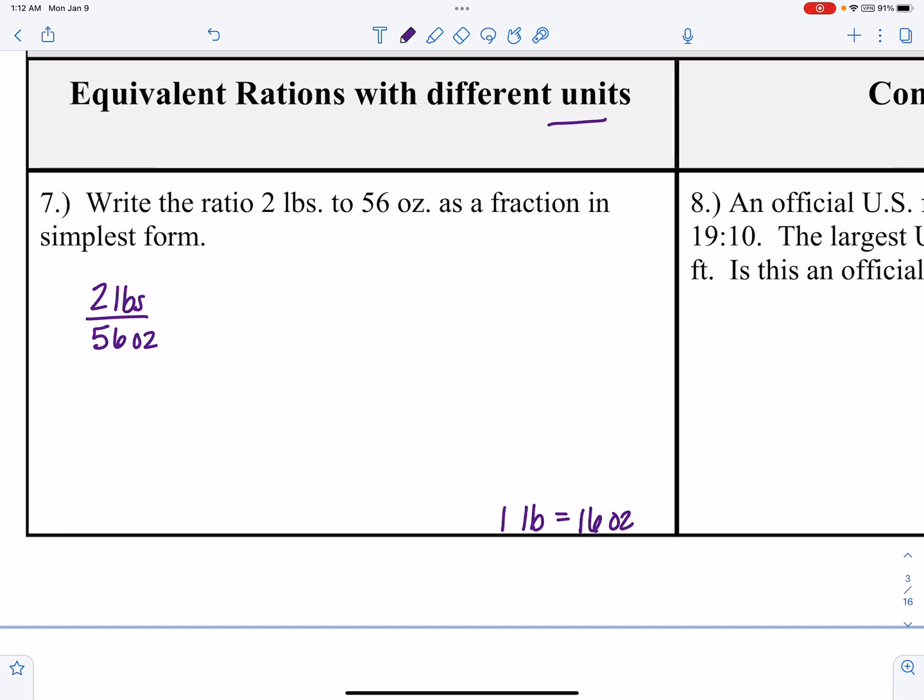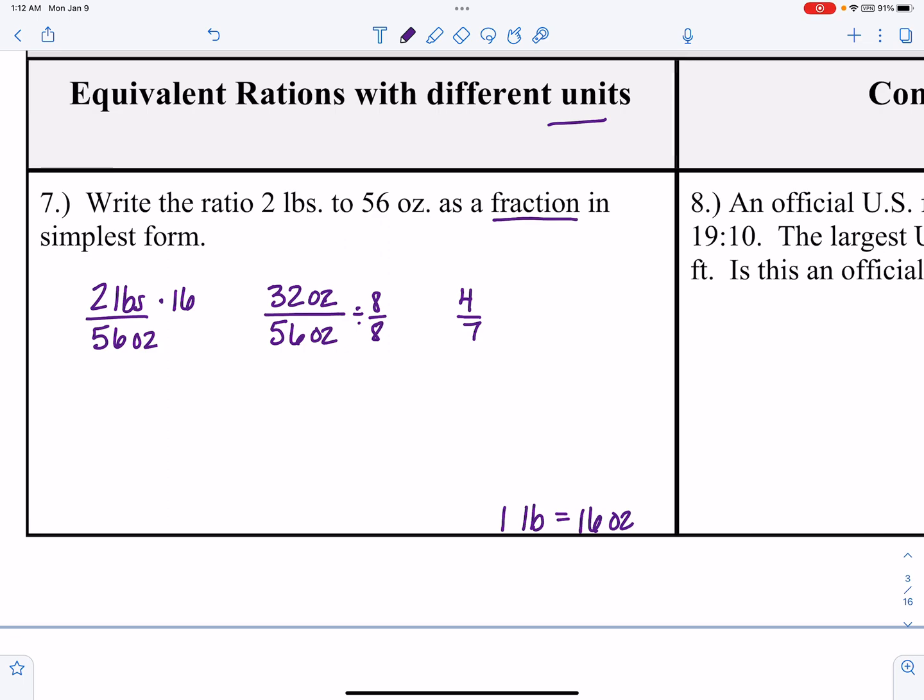And so if I have 2 pounds and each pound is 16 ounces, I can just multiply by 16. And we end up getting 32 ounces over 56 ounces. Okay, and then I can go ahead and simplify those. So you just have to figure out the greatest common factor of both, which is going to be 8. So divided by 8 over 8, which is 1 whole, and you end up with 4/7. Okay, and we have to represent that ratio as a fraction because they're telling us to.